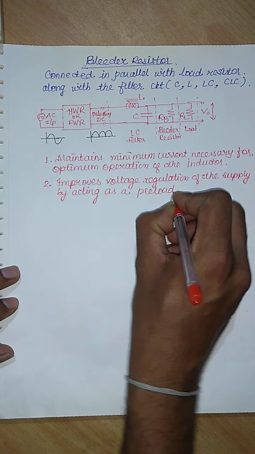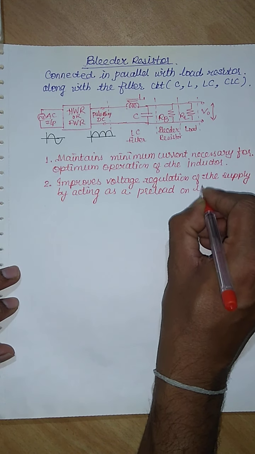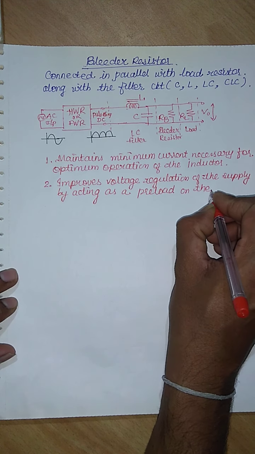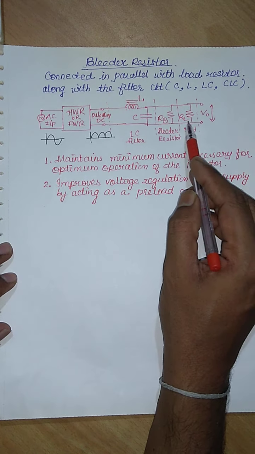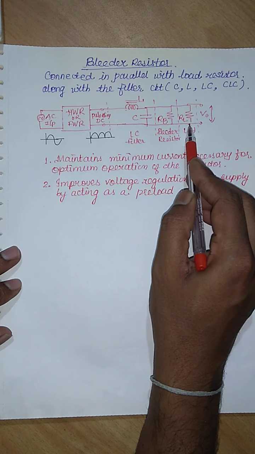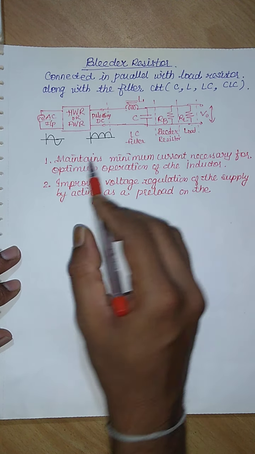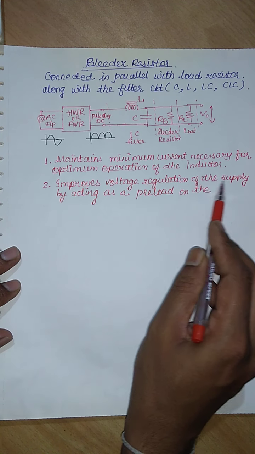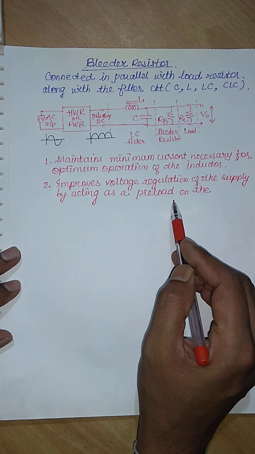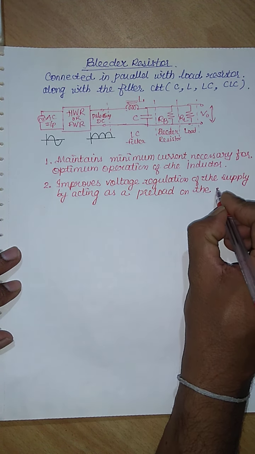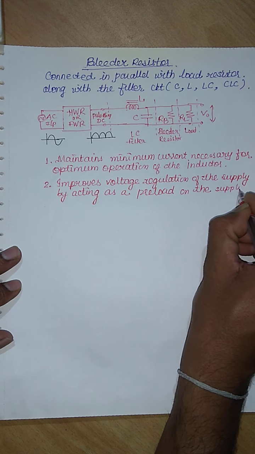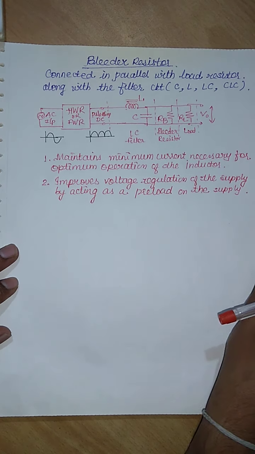Now what is the meaning of preload? Preload means the load which is connected prior to the main load. So this is our main load and this is the preload. So it improves the voltage regulation of the supply by acting as a preload on the supply. So what is the meaning of voltage regulation?